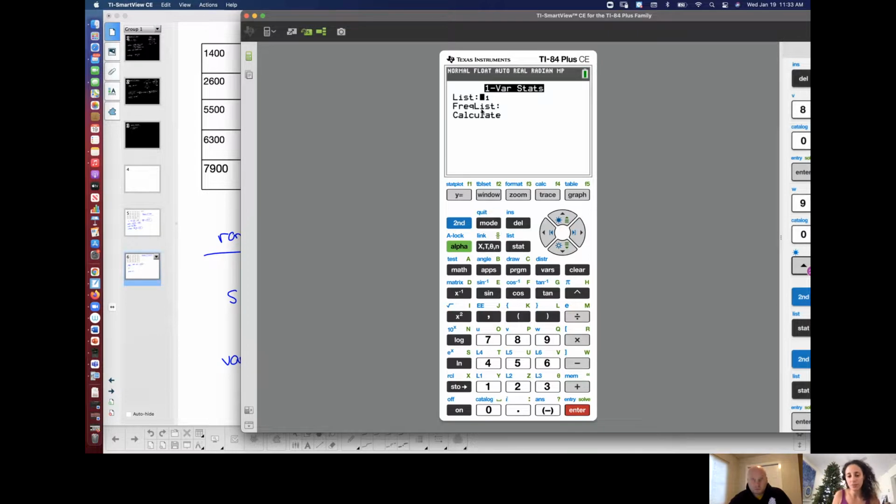If it's not there, look on top of the number 1, you see L1. On top of the number 2, you see L2. On top of the number 3, you see L3. So you need to know where you put your list of numbers. Sometimes you're going to have multiple lists, but you can always tell it which one. If I didn't have this here, I would do second and then 1 so that L1 comes up, because that's where I put my list.